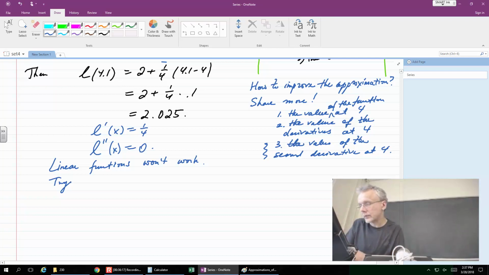Quadratic. Okay, so try quadratic. The quadratic ones are the simplest kind of function that has the second derivative not necessarily equal to 0. A constant has all derivatives equal to 0. Then you have the linear function, which has a non-zero slope, so the first derivative is non-zero, but the rest are zeros. And then quadratic functions are good: the third derivative will be equal to 0, but the second is not necessarily.